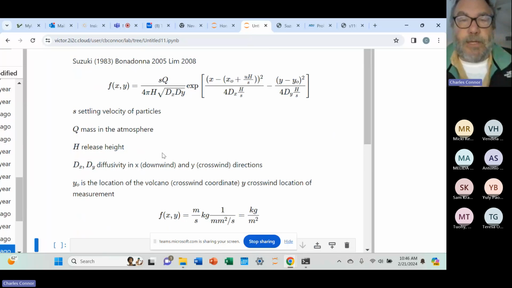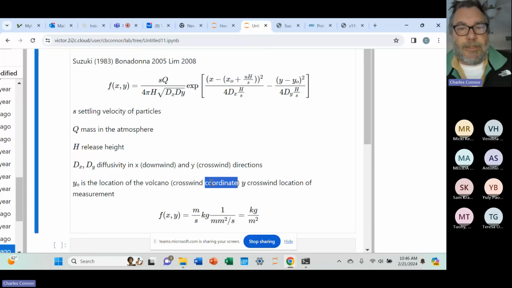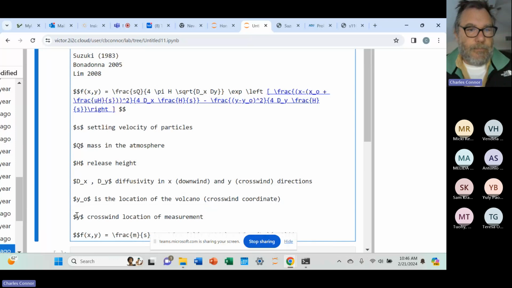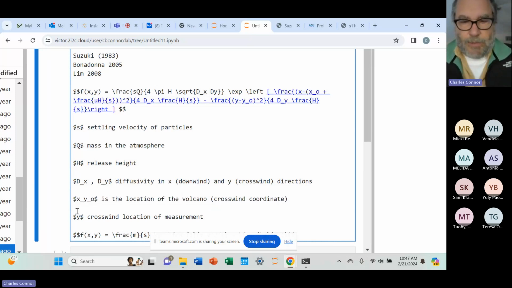It looks okay. Okay, so let's talk about this term. So now I've got x naught in addition to y naught. And x naught is the location of the volcano, not only crosswind, but downwind.